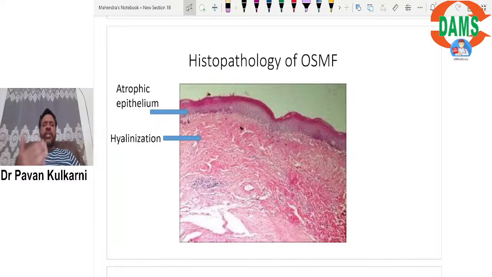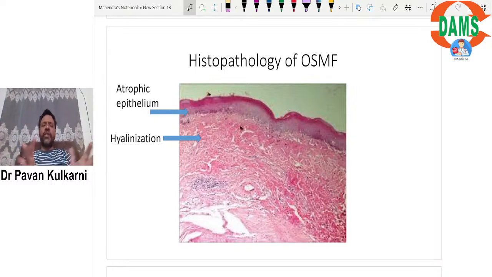This hyalinization can be mild, moderate, or severe. The more the hyalinization, the more severe the oral submucous fibrosis. In a mild grade of OSMF, hyalinization will be less. In a severe grade of OSMF, hyalinization will be more.